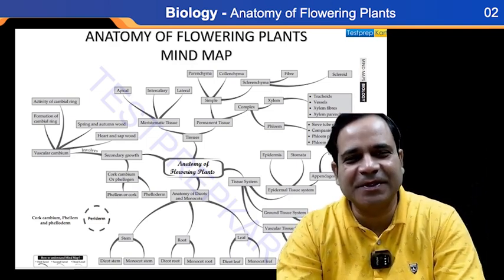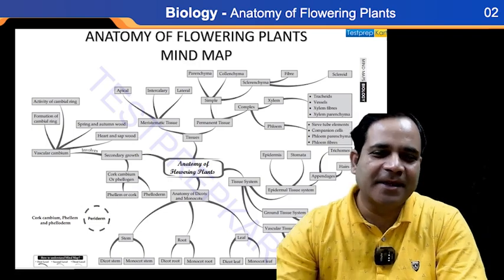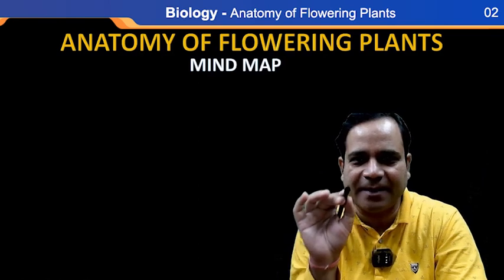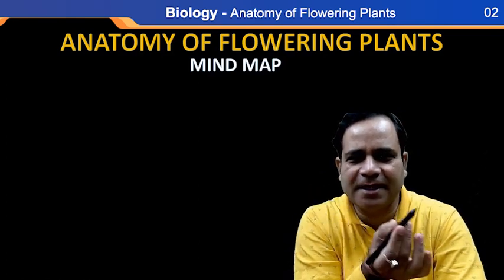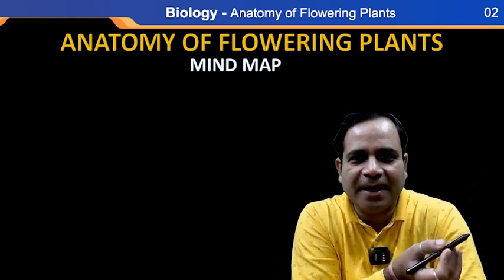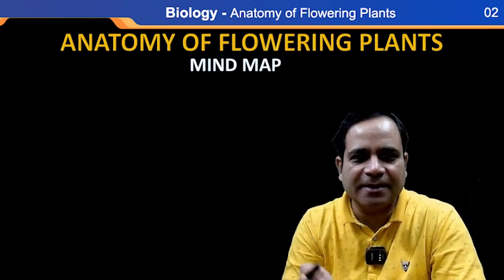First you know the tissue, then its classification, then you go to the next thing. This is the mind map, but there is no place to show everything, so I take a blank slide and write here.